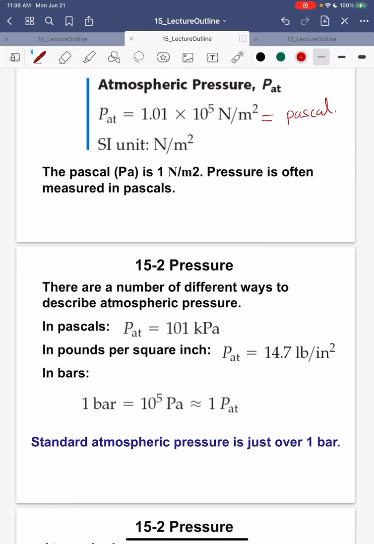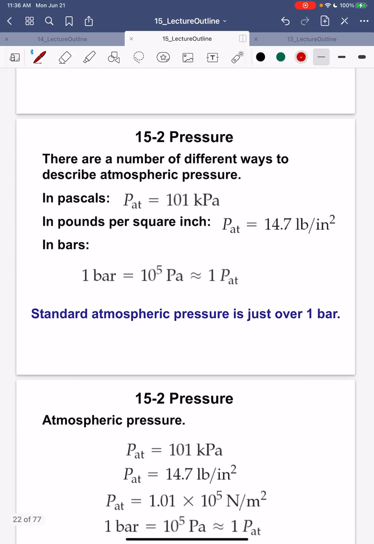Now, there are different units for atmospheric pressure. In pascals, I can say it is 101 kilopascal. In pounds per square inch, it can be 14.7 pounds per inch squared. In bars, it can be 10 to the 5 pascals, which is 1 atmosphere. 1 bar is 10 to the 5, and it is 1 atmosphere as well.